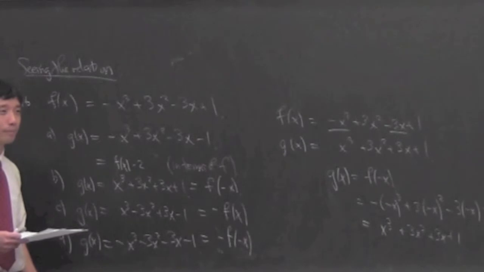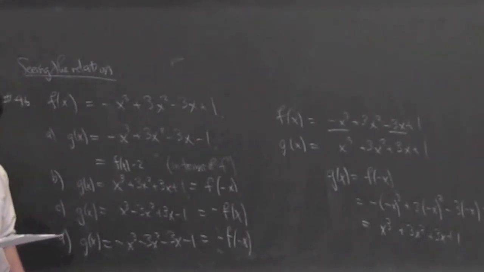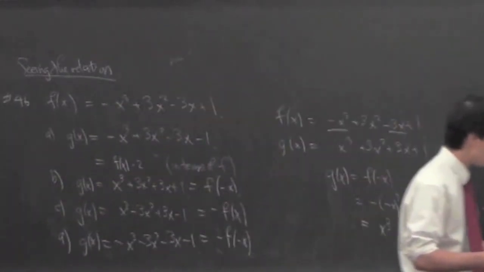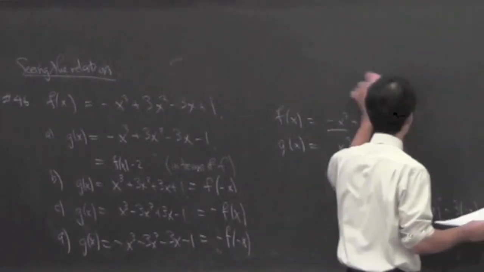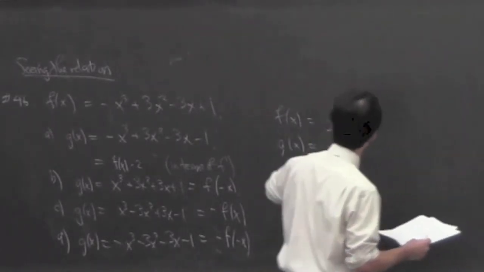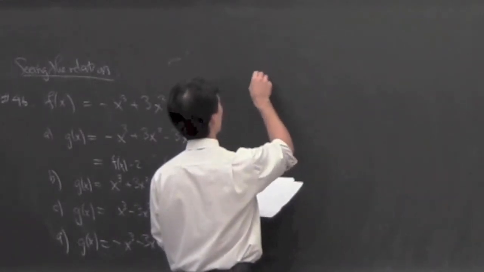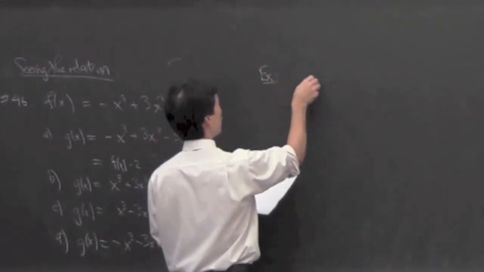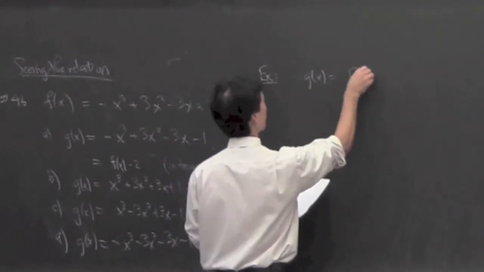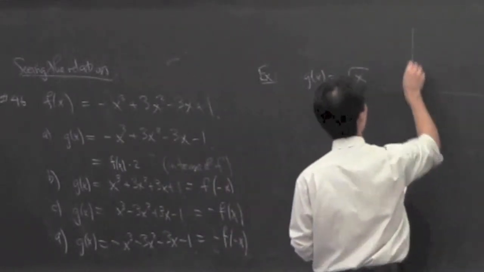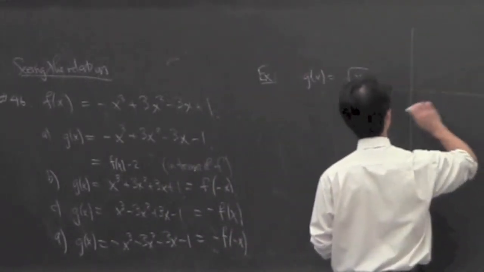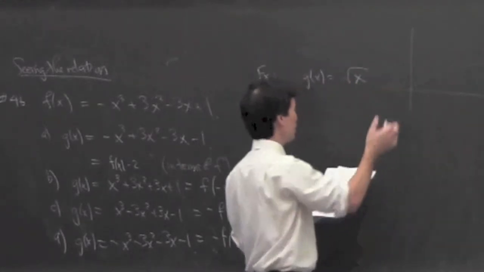Any questions? Let me do one that's a little bit more complicated. Somebody starts you off with g of x is the square root of x, okay, so it looks like this, after the parabola flipped.